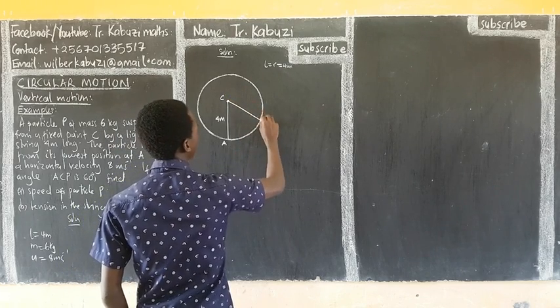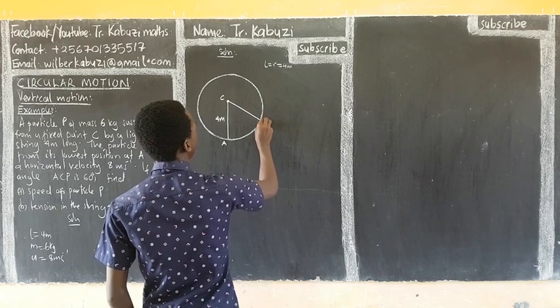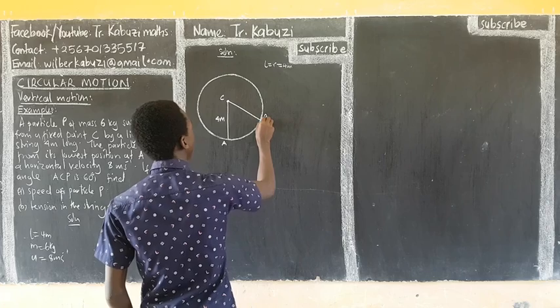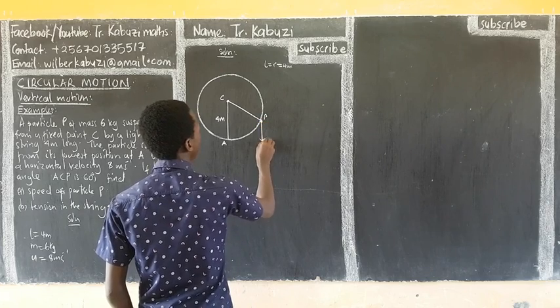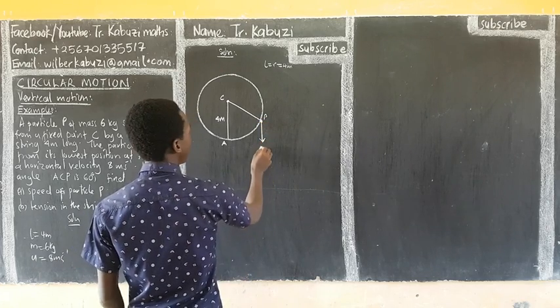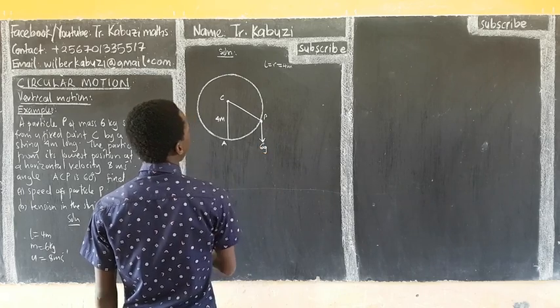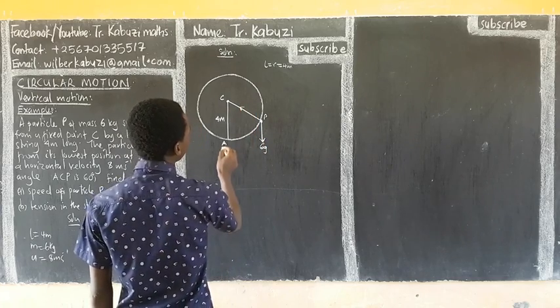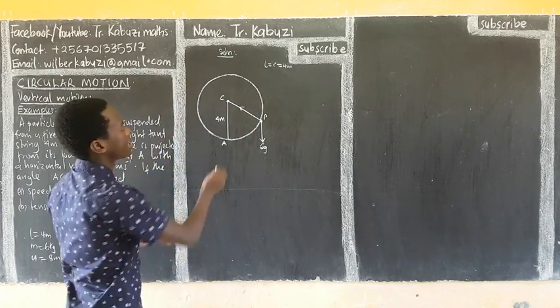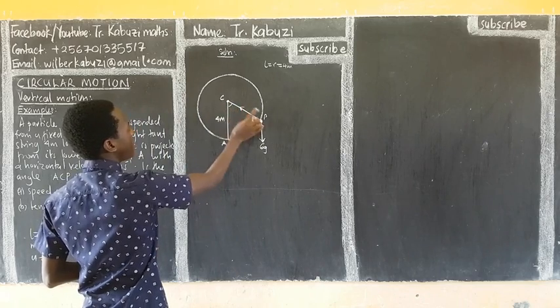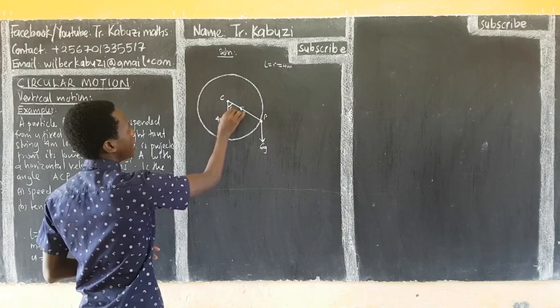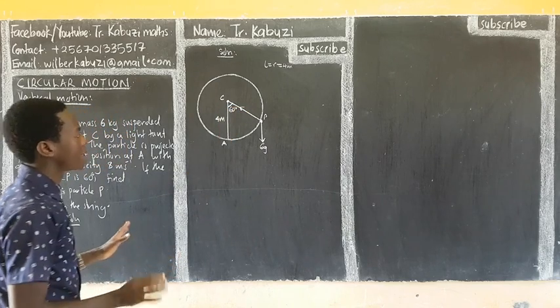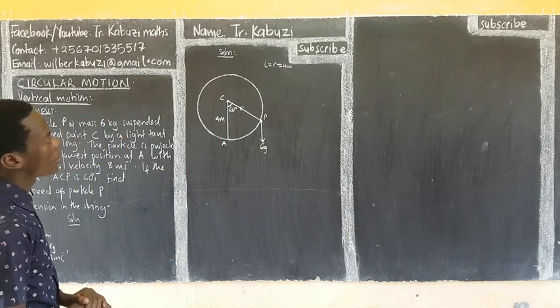So I'm going to consider that this is where my particle is now, the particle P. And of course, it's still going to have the weight, given by the mass times g. Of course, we're going to have tension in this string. Now, this angle ACP, they are telling me it is 60 degrees. So that's the case we have first of all.